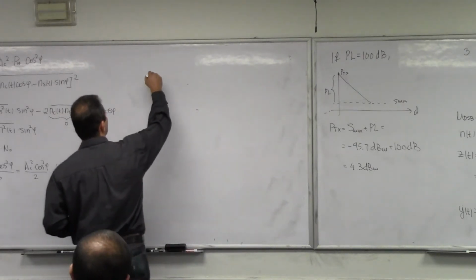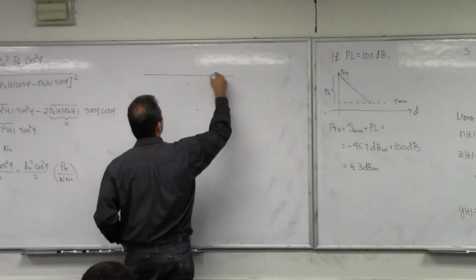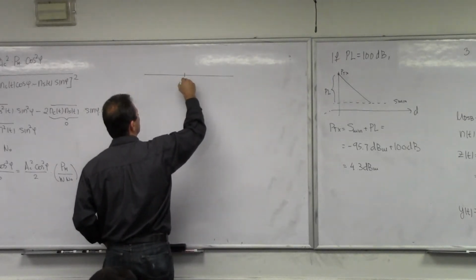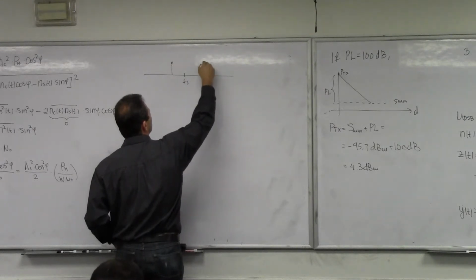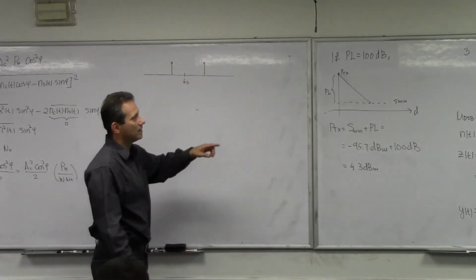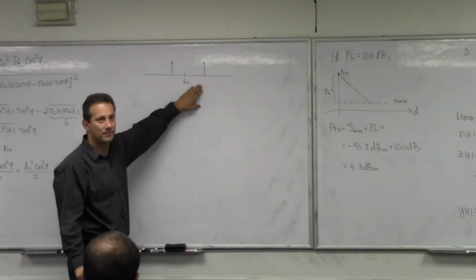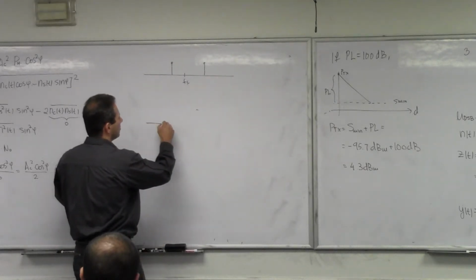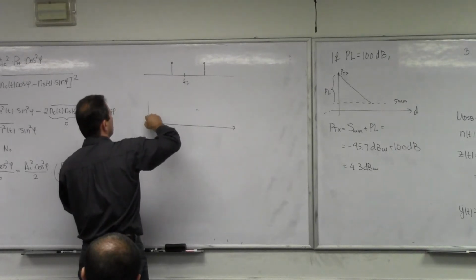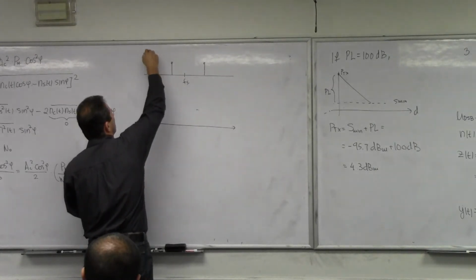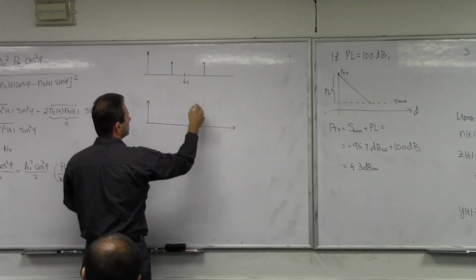Let's take a look at what you have with a double sideband. This is your carrier frequency. Let's take a look at 2 sinusoidal components. When I demodulate and multiply with the carrier, where do these 2 components travel? I'm just looking at the positive frequency. So this is now at the baseband.